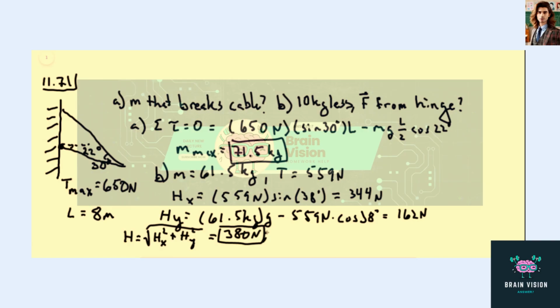And then the angle that this will be above the horizontal is going to be the arctangent of the y component over the x component. And this is 25.2 degrees, which we should write legibly.